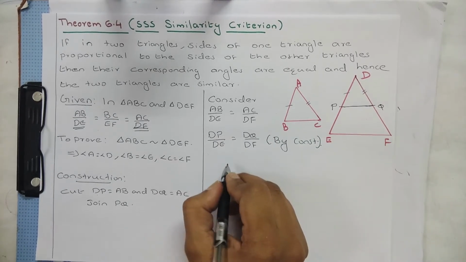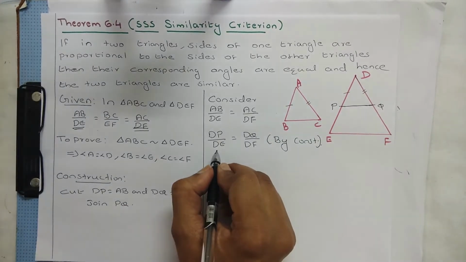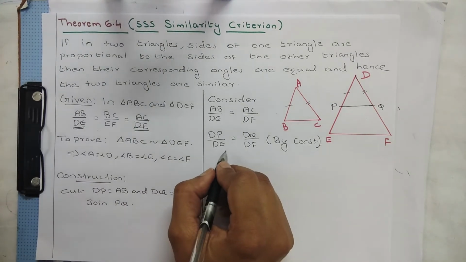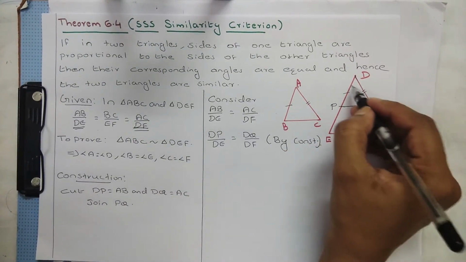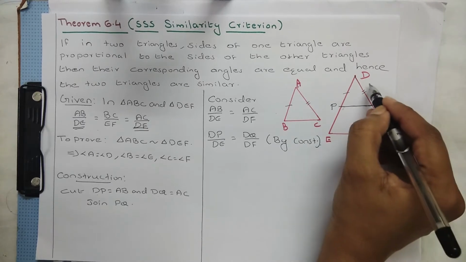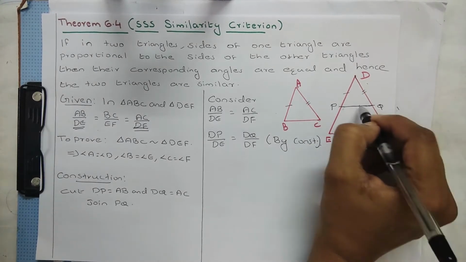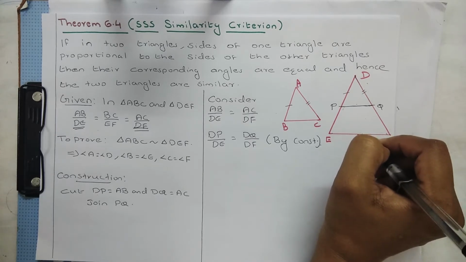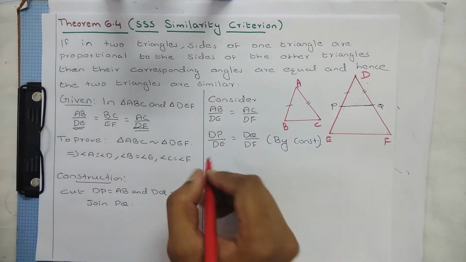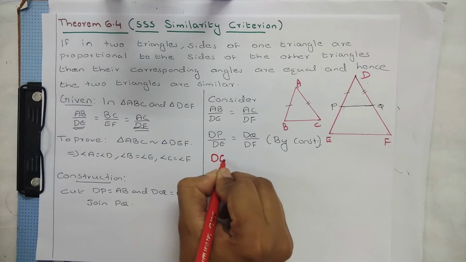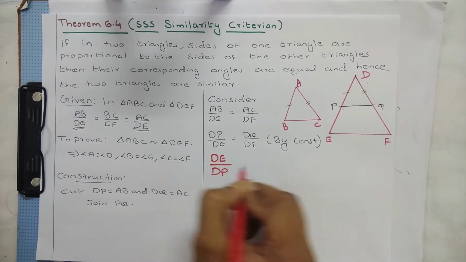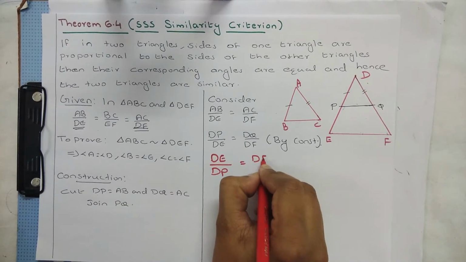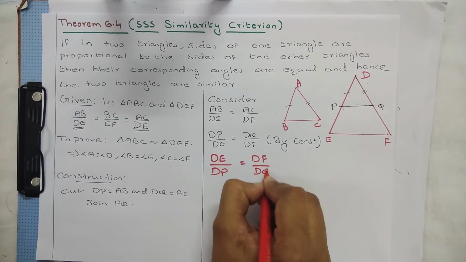Right? Now you see, I am just taking the reciprocal and writing. Why I am writing the reciprocal means we need to get the ratio DP by PE is equal to DQ by QF. Then these two lines will be parallel by converse of BPT. So I am just taking the reciprocal, that is DE by DP is equal to DF by DQ.